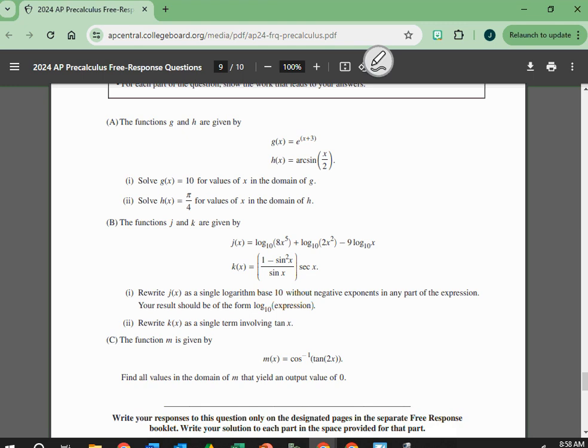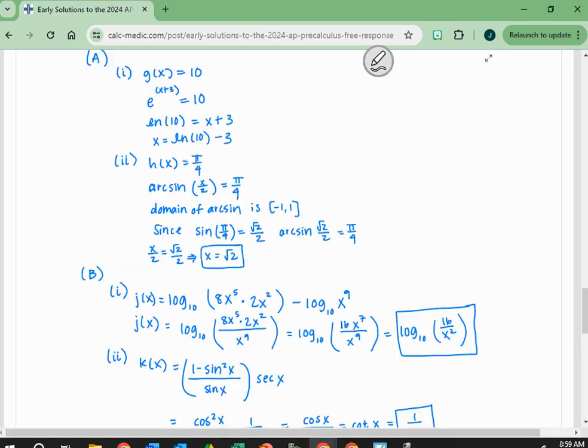The arcsine part, you needed to remember the domain. So you're just solving your equation there, and you're leaving it with a natural log in it. You're not expected to have a singular value for that. So those were both just plugging it in and solving.